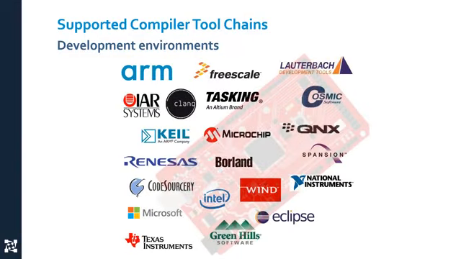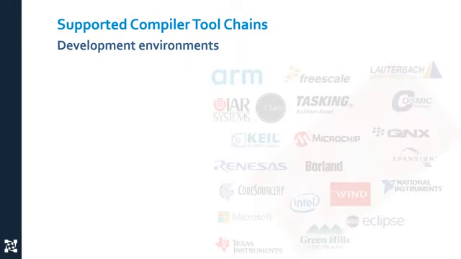And there's more. There are a few other things that I want to cover for this release. To support embedded applications, you need to have a comprehensive set of compilers and development environments supported. Parasoft has a long list, but we are constantly expanding it.